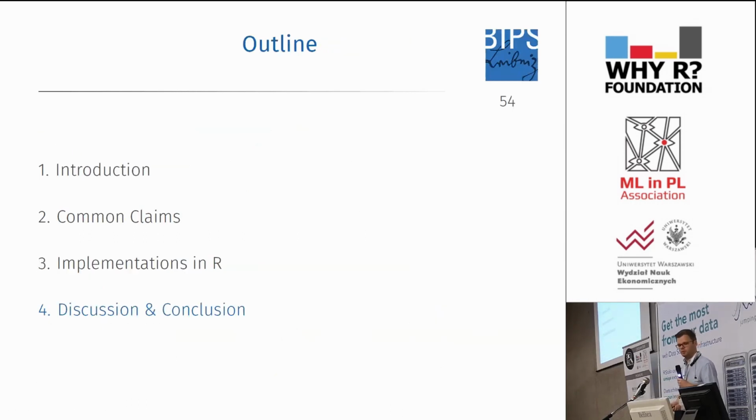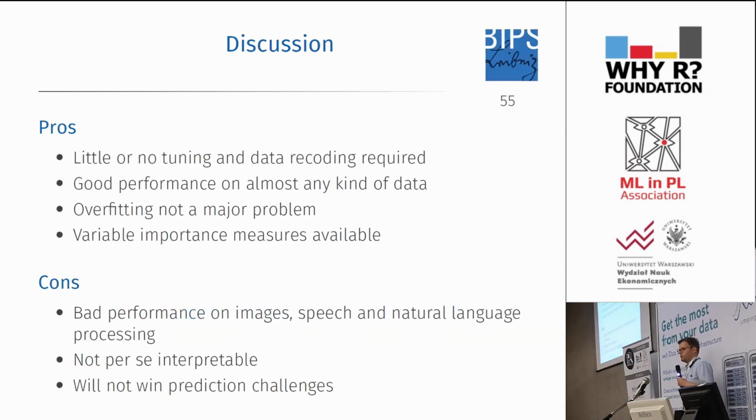So let's come to discussion and conclusion. To summarize the first part, pros on random forest are there's little or no tuning and data recoding required. You have good performance on almost any kind of data. Overfitting is not a major problem, so you can just use as many trees as you can computationally afford.